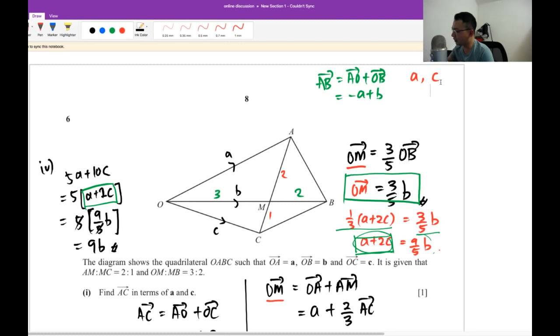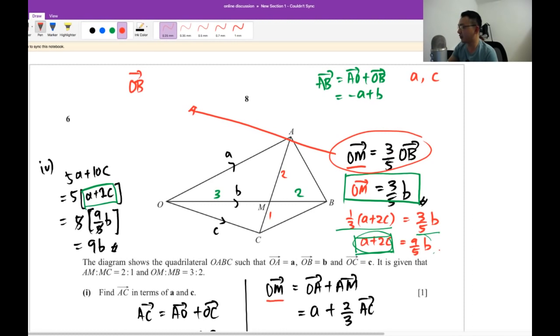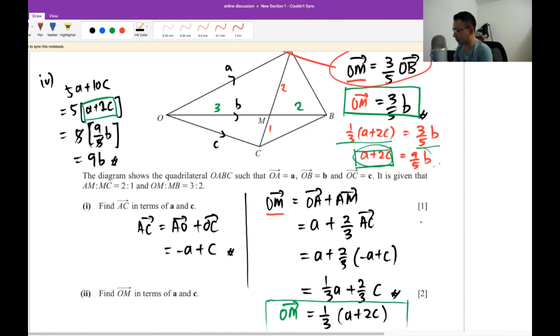Okay, so over here, let's focus. I know my OB, actually I move the 3 over 5 to the other side. It becomes 5 over 3 of OM. And my OM, what is my OM here? My OM I can change to something like this, right?